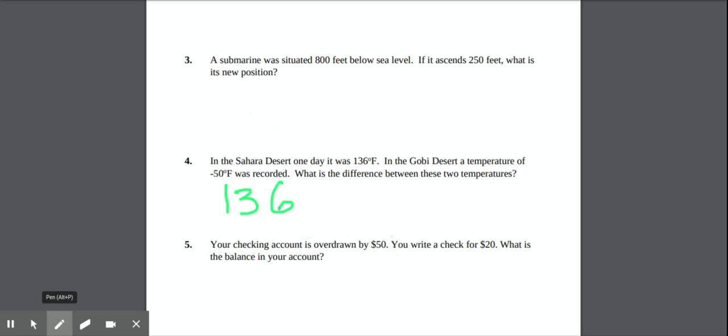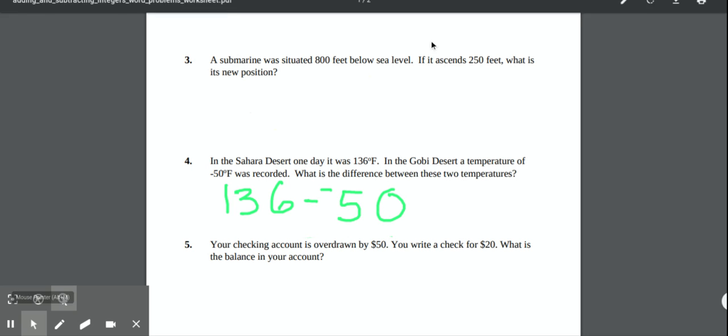A lot of people right now just say, oh, the difference means 136 minus 50, which is close but not right. It is minus because it's difference, but it's minus negative 50. So it's 136 minus negative 50.